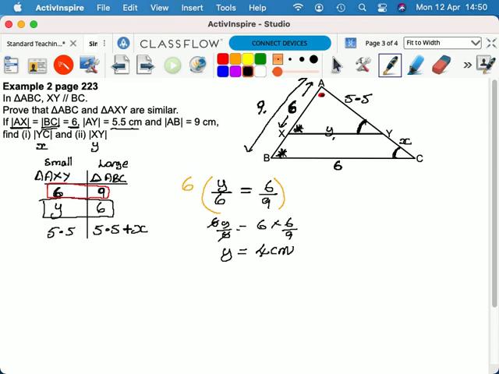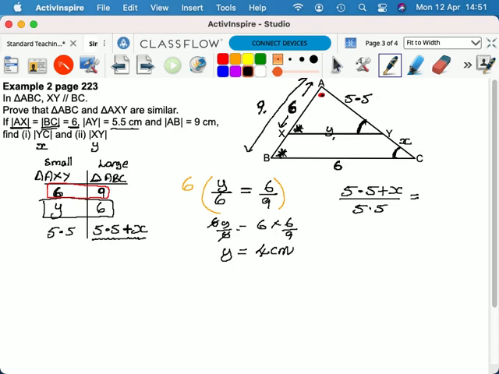I am now looking for the x. So can anyone volunteer? What am I going to form equation-wise? Absolutely. It's 5.5 plus x over 5.5. And what's that going to be equal to?